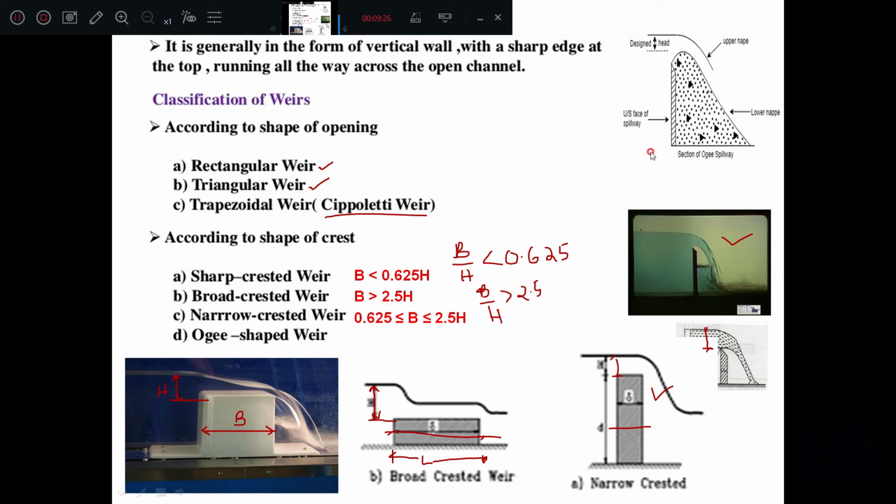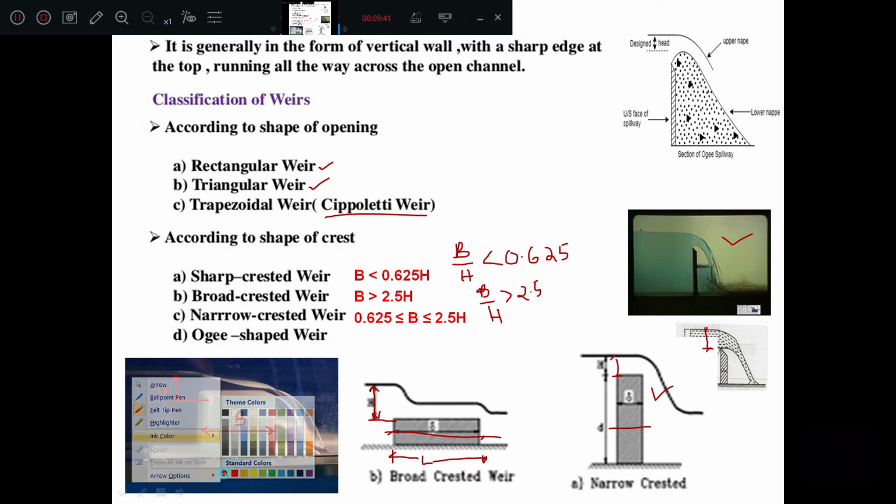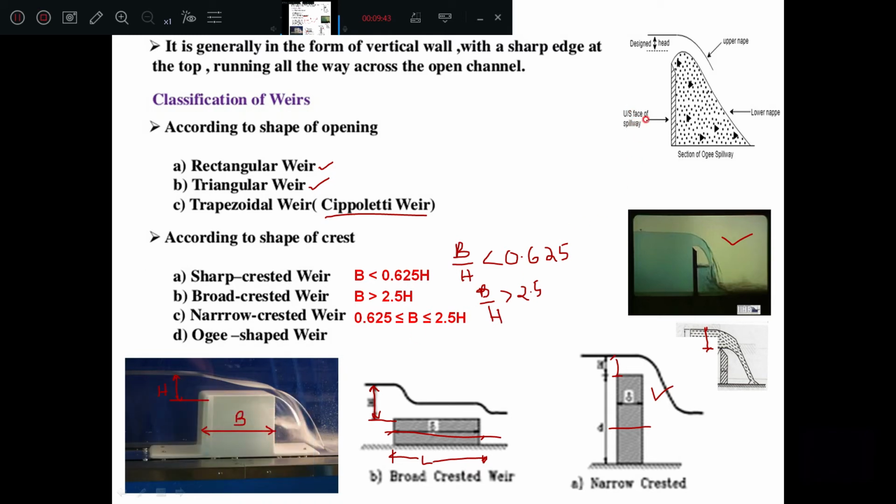So what does it mean? Generally, ogee shaped weirs are provided for the spillway of a storage dam. You might have seen that in the case of dams, the spillway of the dam will be in this shape. That is a storage dam spillway.